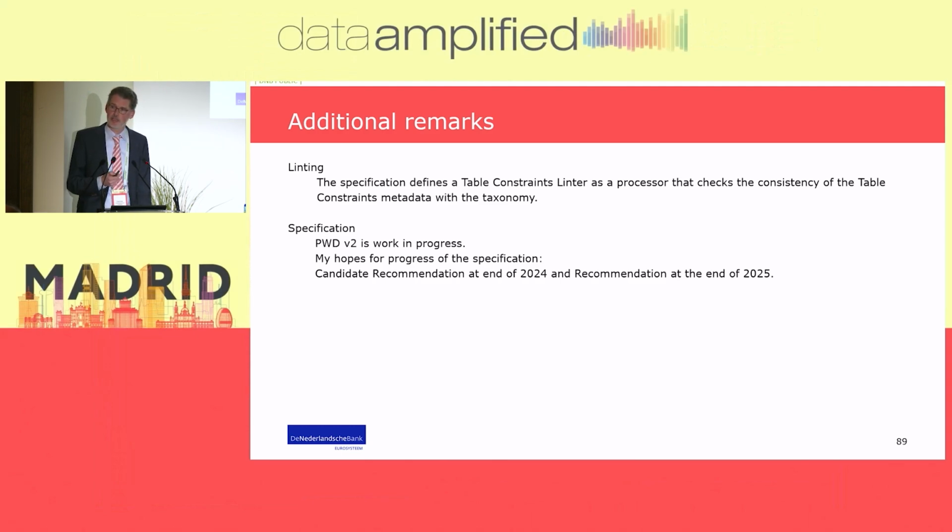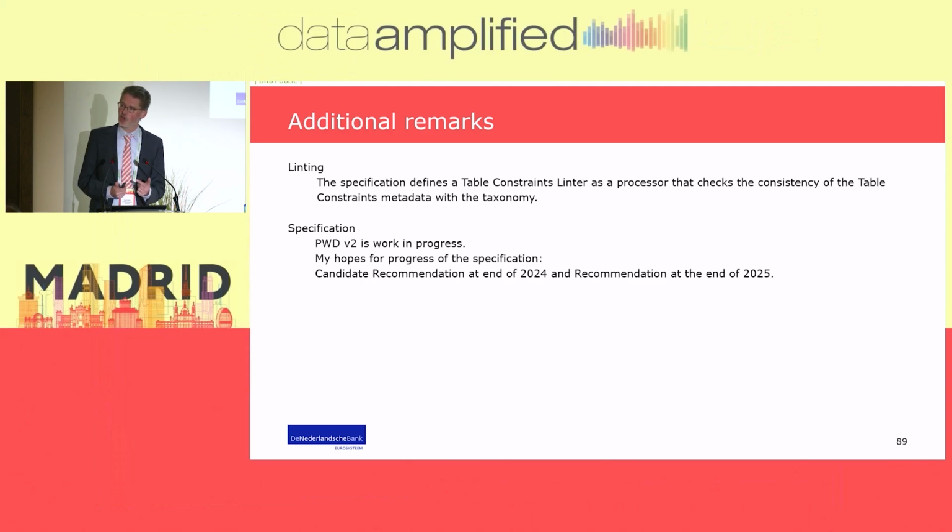A few remaining additional remarks. The one that is here, linting. What we envision is to have, to some extent, 2 validating processors. One to validate the reports, as discussed basically here, and in addition to have something that would validate the design of the table constraints, so checking if whatever you are defining as table constraints makes sense if you look at the taxonomy.